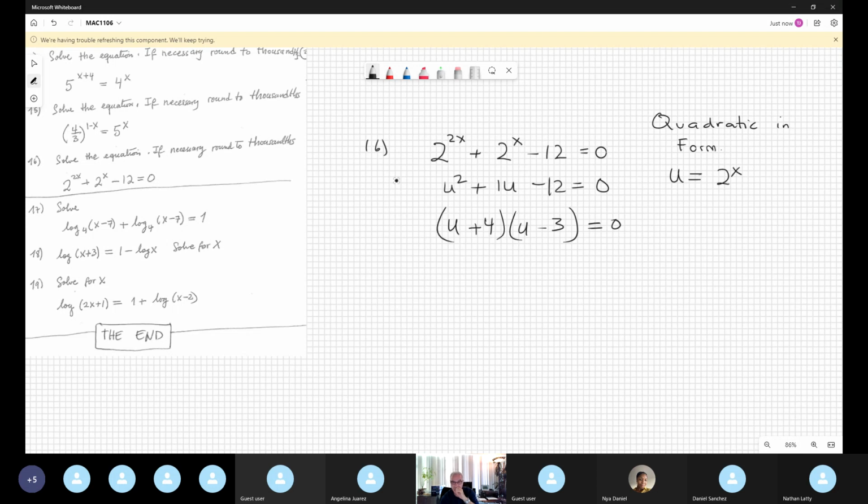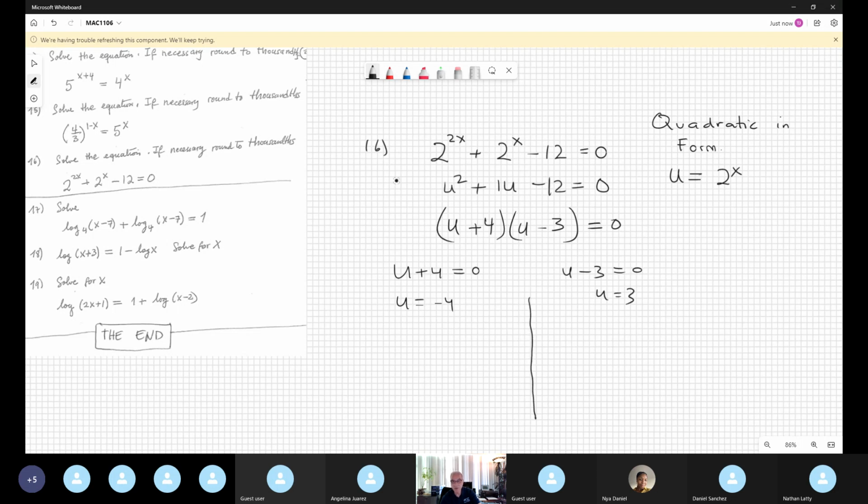Let me check it out. Positive 4 times negative 3 is negative 12, cool. And positive 4 minus 3 is positive 1. This is the solution. So you separate: u plus 4 equals 0, then u is negative 4. And u minus 3 equals 0, u is 3.